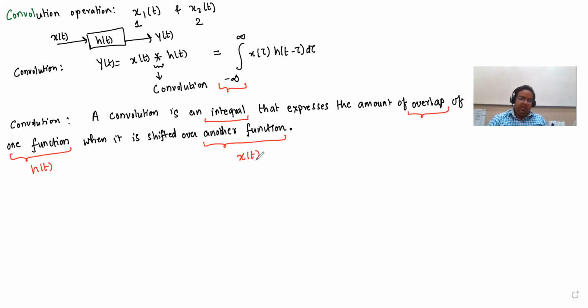So what is happening is that in the convolution operation, we encounter different operations that we study in signals and systems. What are those operations? The first operation that we have already studied is shifting. The second is scaling. The third is differentiation and integration.